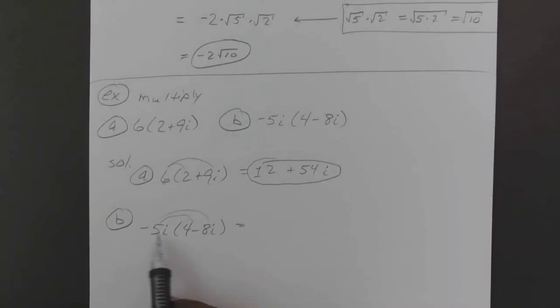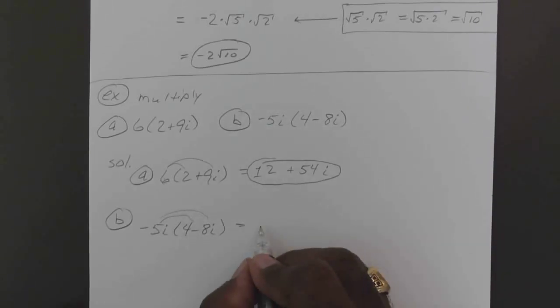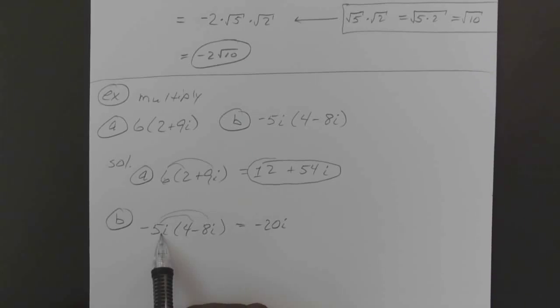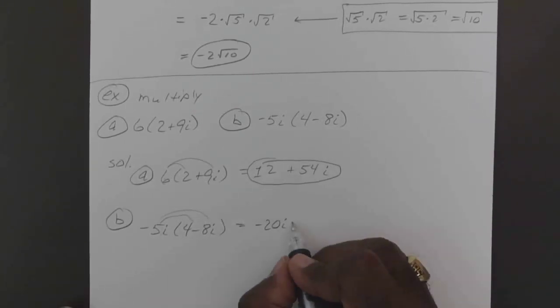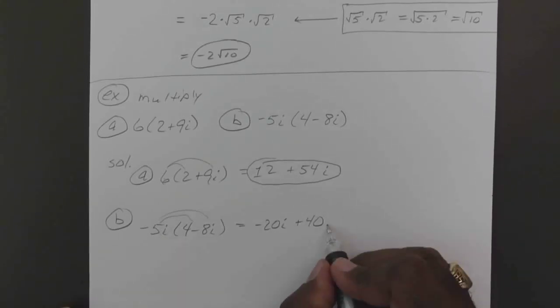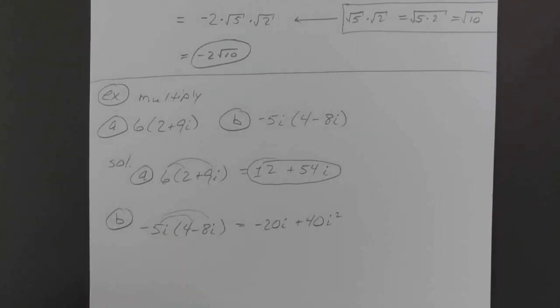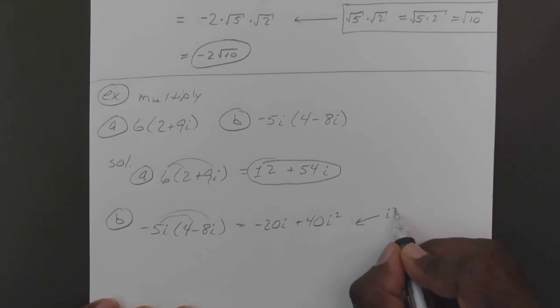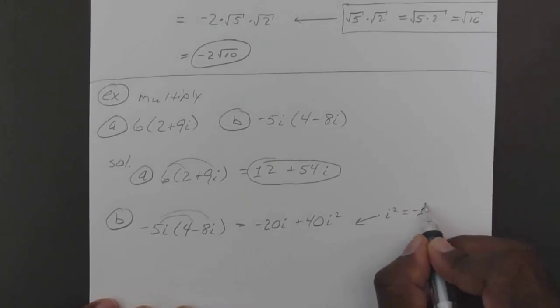You end up with -5i times 4 is -20i. And -5 times -8 is actually positive 40i squared. Like I said, if it was an x, it would have just been x squared and you would have been all done. But here, you have to remember i squared is equal to -1.